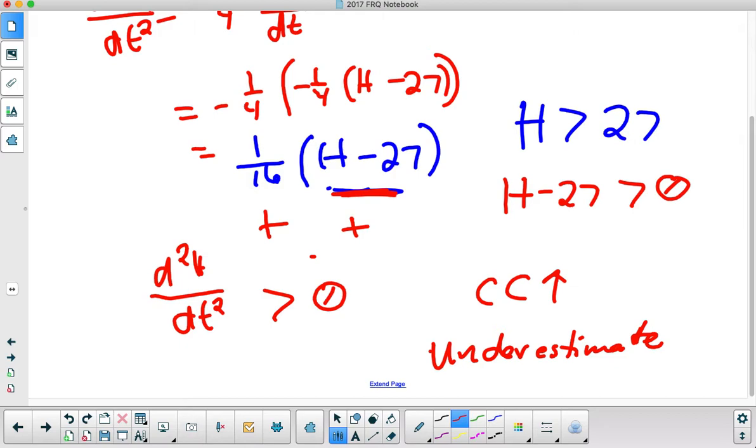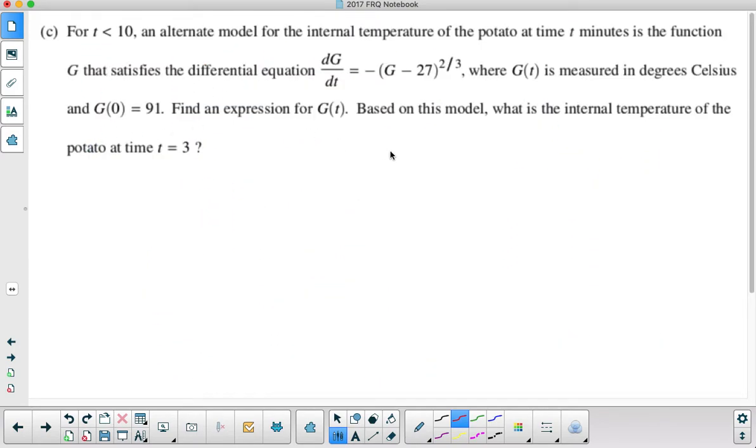Now, those two problems right there, this second part B was only worth 1 point, and part A was only worth 3 points. So part C has a lot of work, but again, this is just your separation of variables. It has a lot of work in it, but it's stuff that we spend a lot of time doing: separating your variables, taking the integral, finding your value for C, plugging it in, and then finishing it off by plugging 3 into the function.